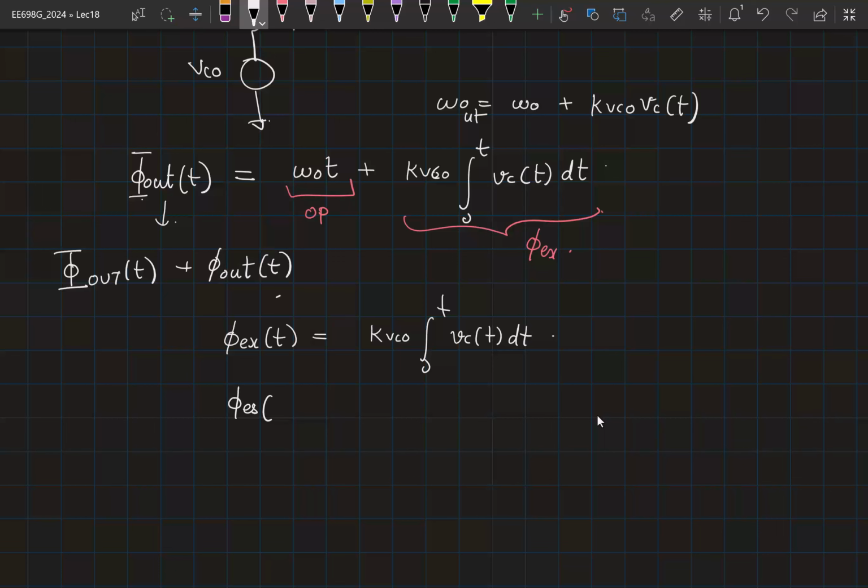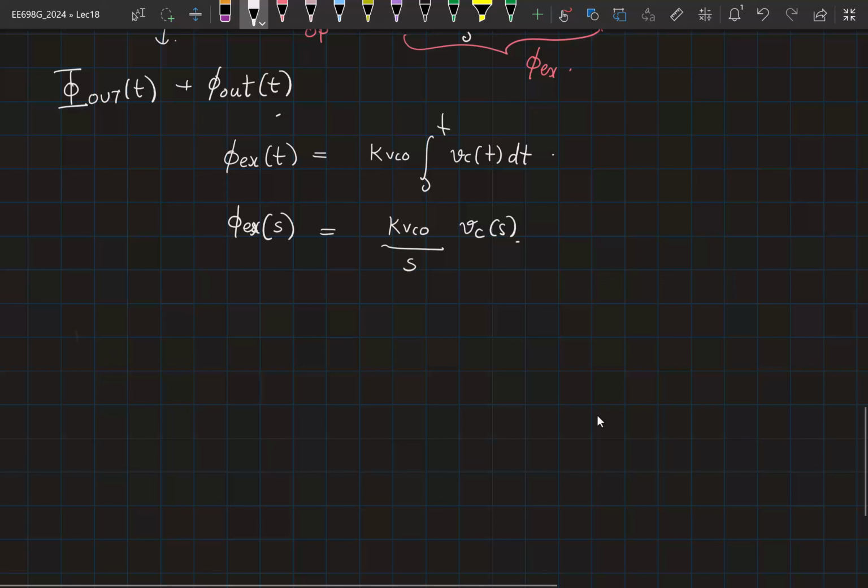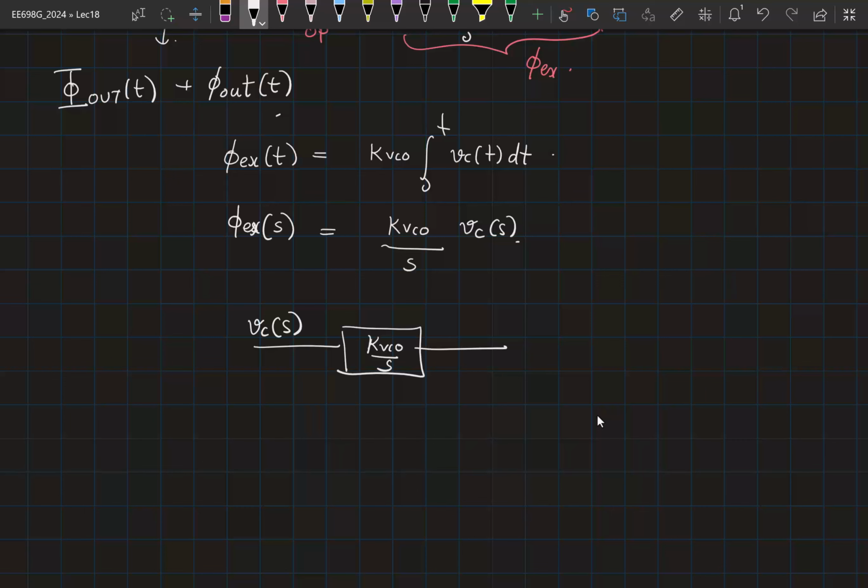If I take the Laplace transform, this simply becomes kVCO by S into VC of S. So if I give VC of S, I get phi x of S.